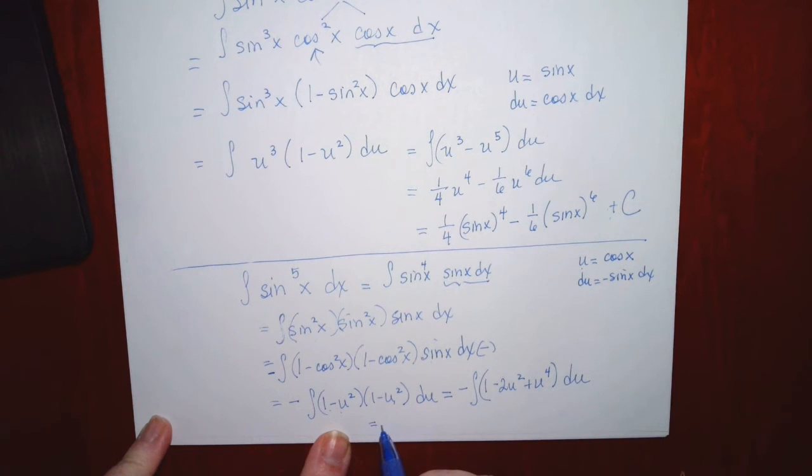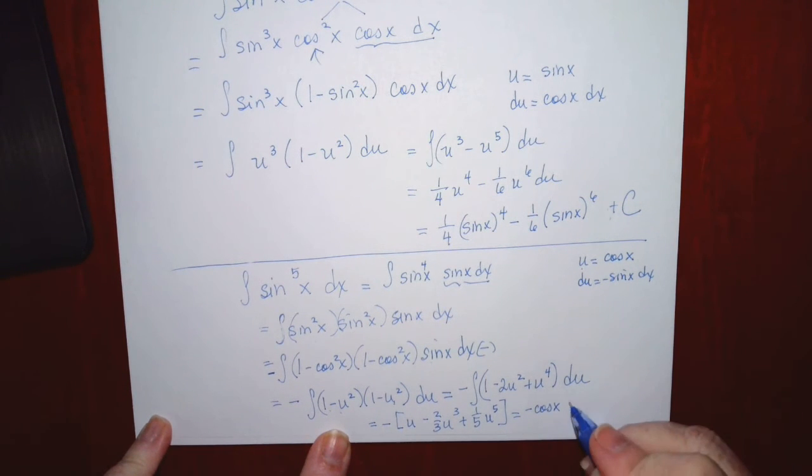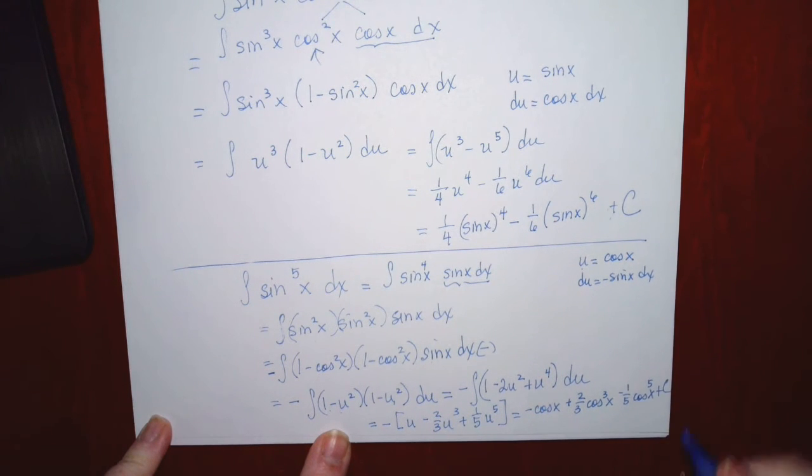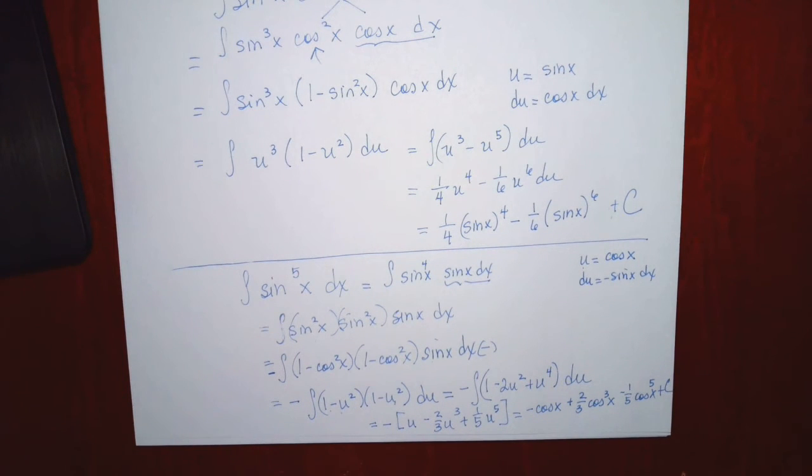So we end up with negative of u minus 2/3 u cubed plus 1/5 u to the fifth, or that would be negative cosine x plus 2/3 cosine cubed x minus 1/5 cosine to the fifth x plus c.